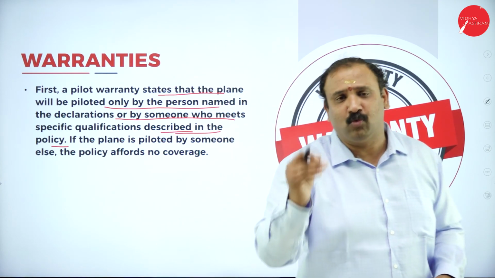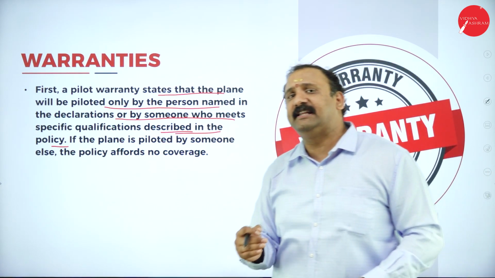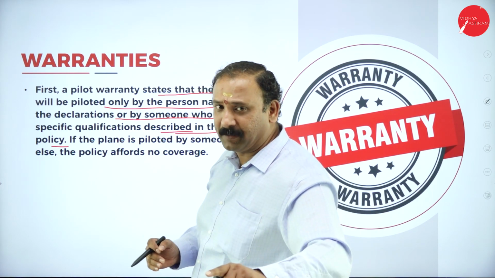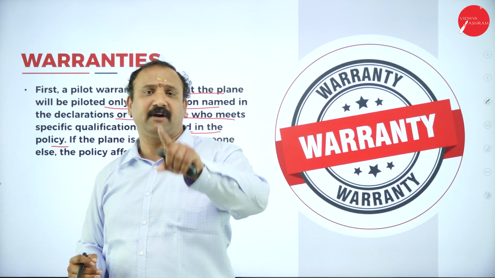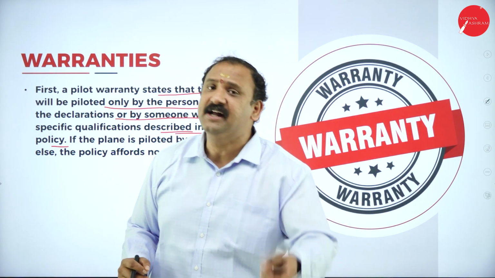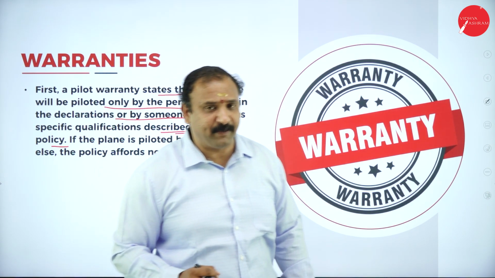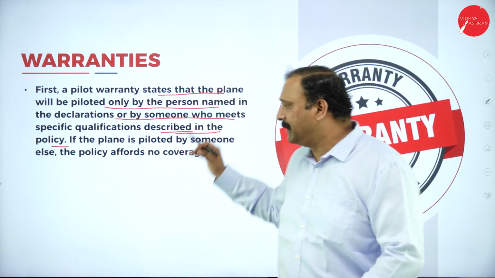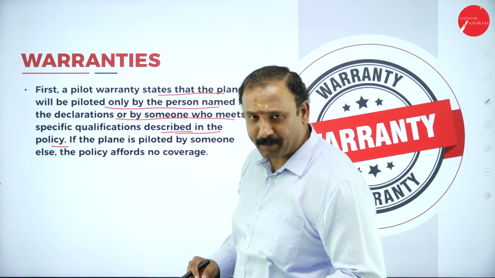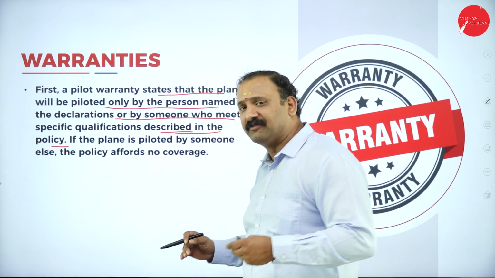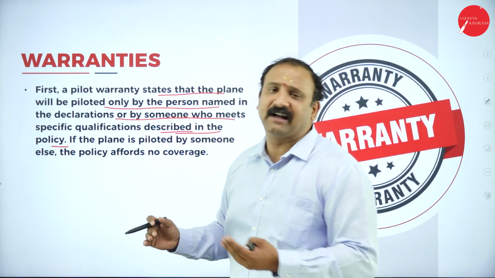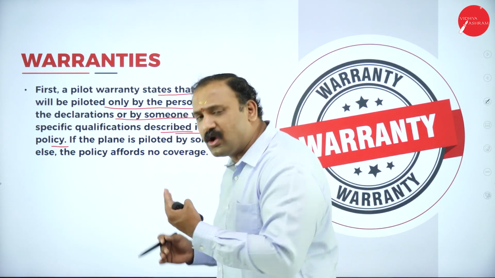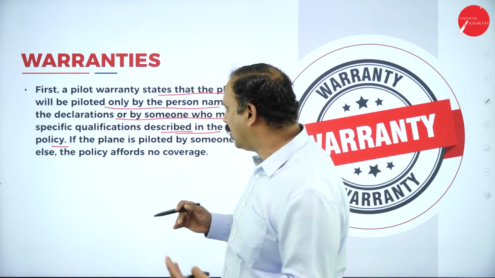The person who has been declared in the policy must be capable of flying a plane and meeting the specific qualification. Let's say in India, the specifications are given by the DGCA, the Director General of Civil Aviation, who will specify who is the person who is going to pilot it and who gives the qualifications. All those factors depend on that, and based on this there would be a piloting warranty altogether.